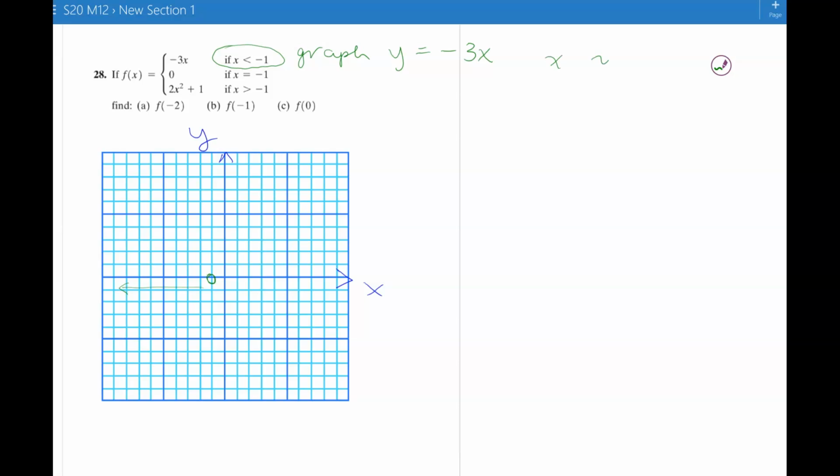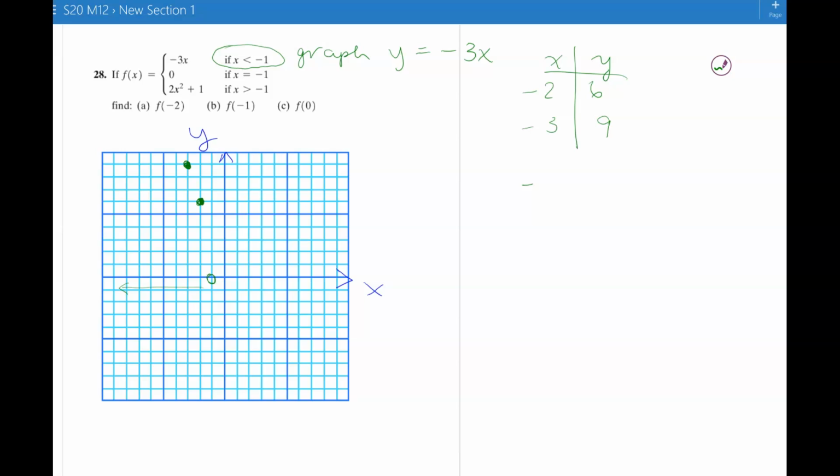If it helps, you can even make a little xy table like you used to do in beginning algebra and say, well, how about if x is negative 2, then y is 6. So I know the point negative 2, 6 needs to be a point on my graph. And then if I do negative 3, I'm going to get 9, and that's not even going to fit. Well, I guess it is going to fit on my grid. If I do negative 3, 9, there we go. Okay, so I know it's a straight line.